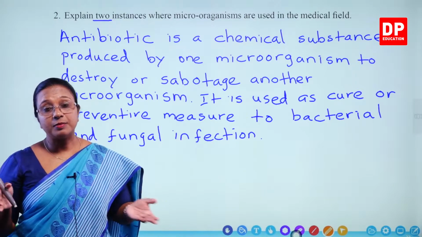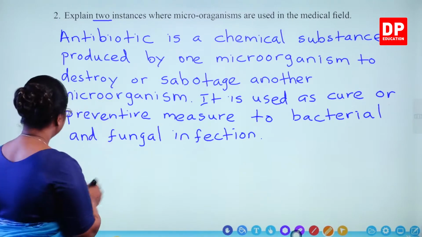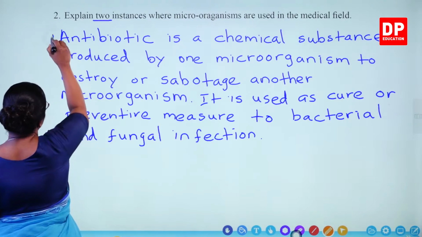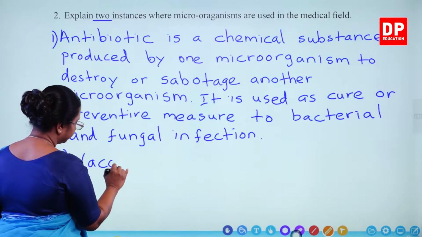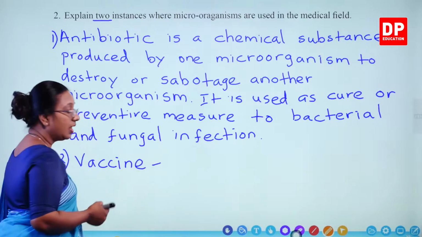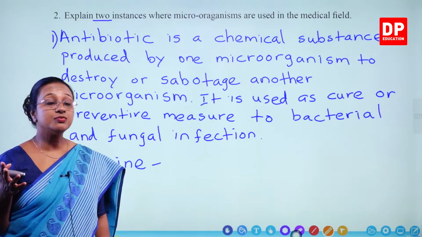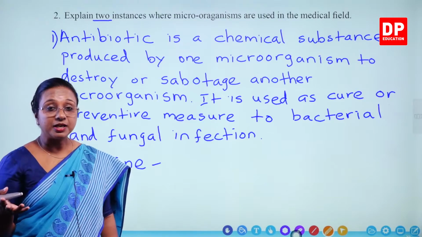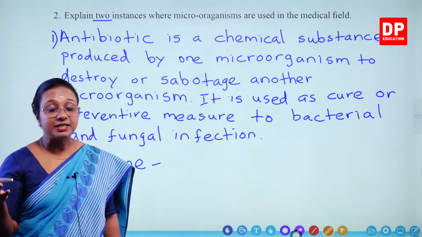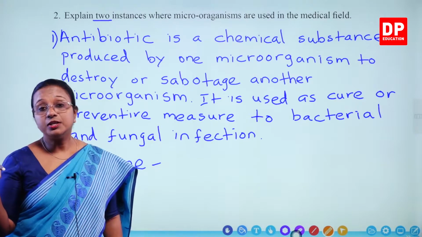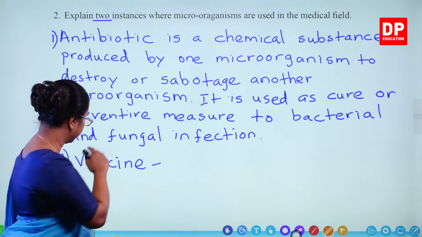So we can talk about vaccines. So then the second one, this is the first one. Then the second one is vaccine. Now vaccine is produced from what? Either the microorganism, part of the microorganism, it will be either weakened or dead, or the toxin of the microorganism.